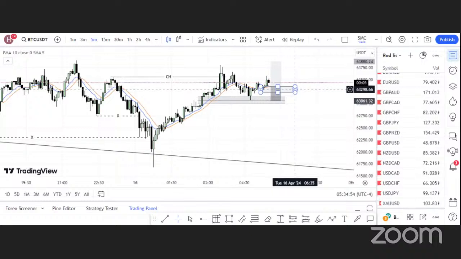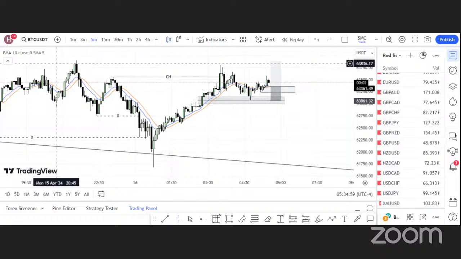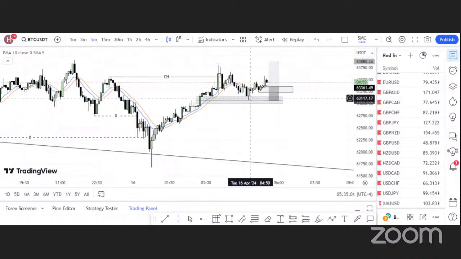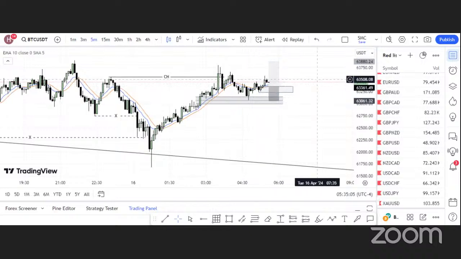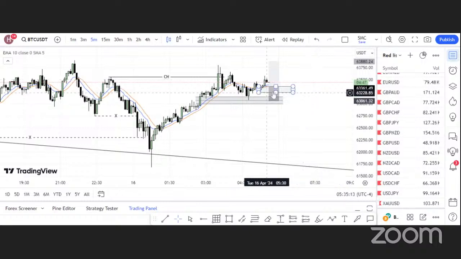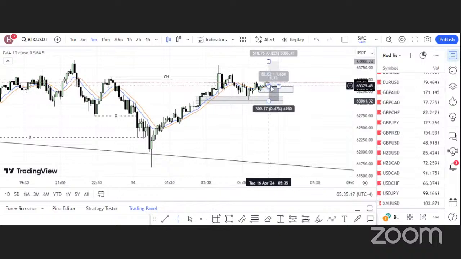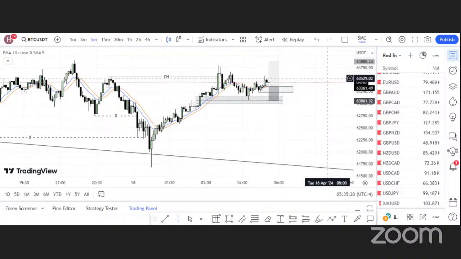All right, so we have analysis on BTC USDT. Let's see how this current candle plays out. We want the candle to come back into this level. So once the candle gets here, we are going to place a buy trade immediately.